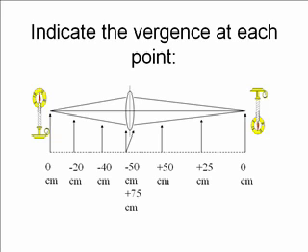From our point of interest, the rays of light converge 40 centimeters, 0.4 meters to the left. So the absolute value of the vergence must be 1 over 0.4, or 2.5. And then the next question is, are the rays of light converging to the left or to the right of where I am right now? And the answer is that they're converging to the left. So the vergence at this point must be -2.5.